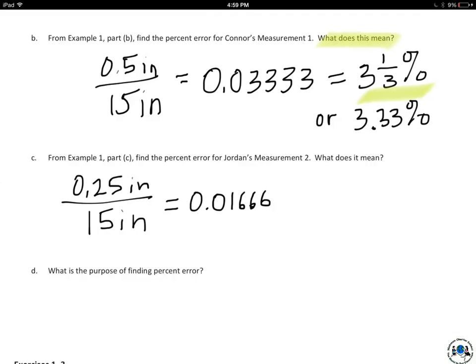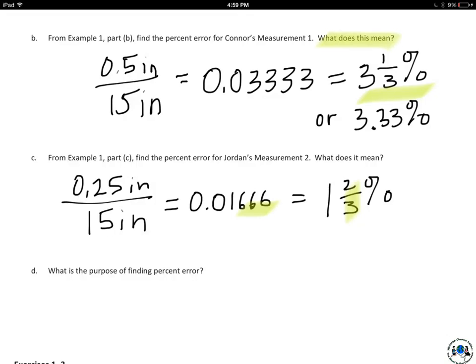Works out, again, as we saw in the last problem, 0.016666, and on and on. Anyway, that of course boils down to 1 2/3%, because that's what this 6666 is going to be equivalent to, that 2/3%. So there we go. We have Jordan's measurement 2.